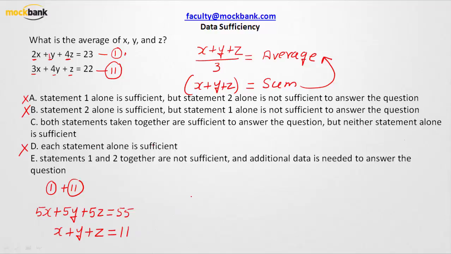The moment we have found out the sum, can we find out the average? The average is x plus y plus z over 3, and this answer is nothing but 11 over 3. And hence we can find out what is going to be the average of x, y and z by using these two statements together.